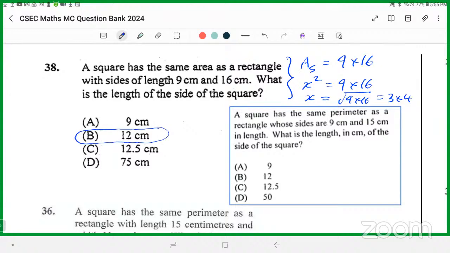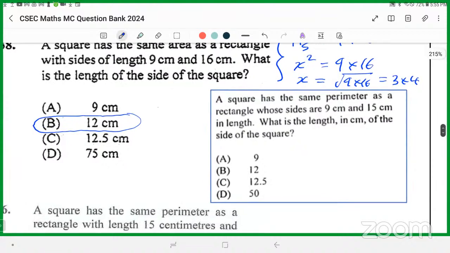Down here, similar thing, but this time it is perimeter. A square has the same perimeter as a rectangle with sides 9 and 15. This one was 9 and 16, this is now 9 and 15. So the square now has the same perimeter.